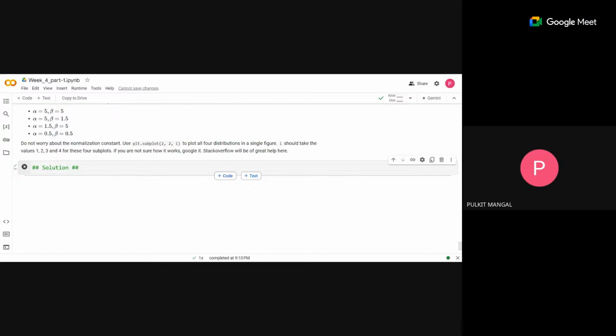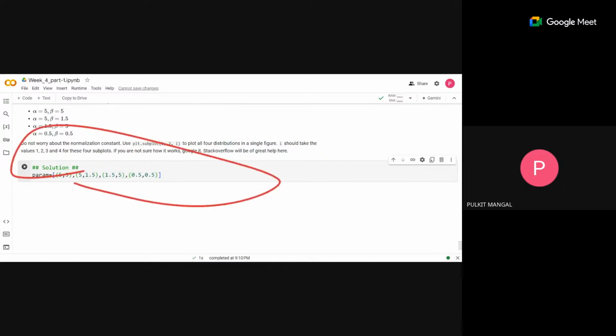I will first create one array, param. This array will have tuples of these parameters: 5, 5, then 5, 1.5, then 1.5, 5, and then 0.5, 0.5.